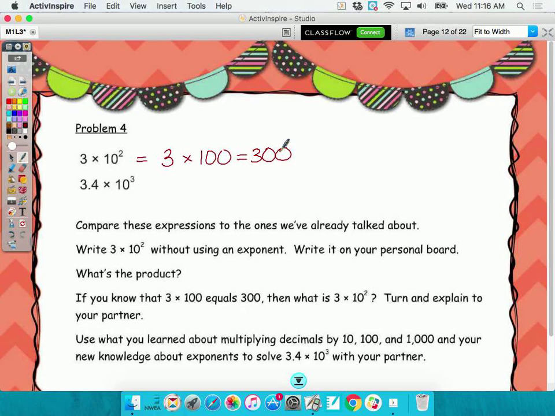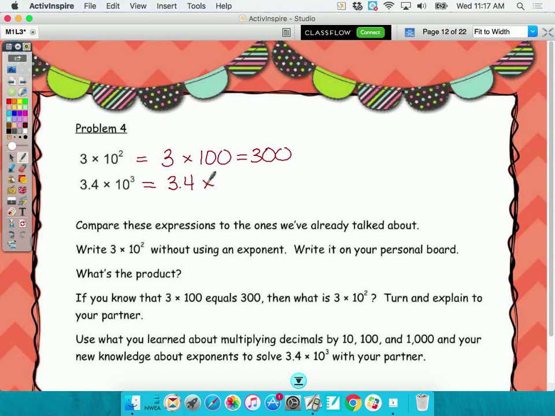We're going to go back and forth today between the zero trick and the decimal trick, and everything has a trick today. So on this one, 3 and 4/10 times 10 to the 3rd. Let's rewrite it without the exponent. So 3 and 4/10 times what? 10 to the 3rd is what number?